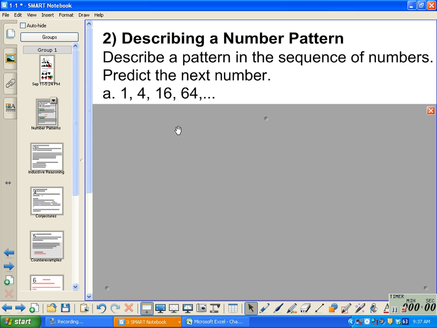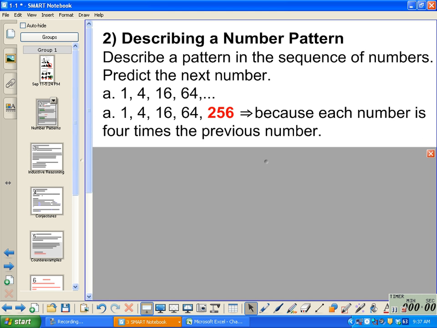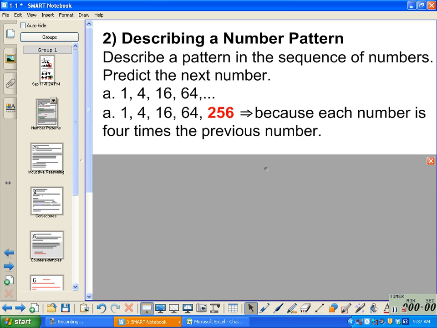The question is, what should the next number be? And if you've guessed 256, that is correct because each number is 4 times the previous number. So 1 times 4 is the 4, then the 4 times 4 is 16, 16 times 4 is 64, and then the 64 times 4 is the 256.